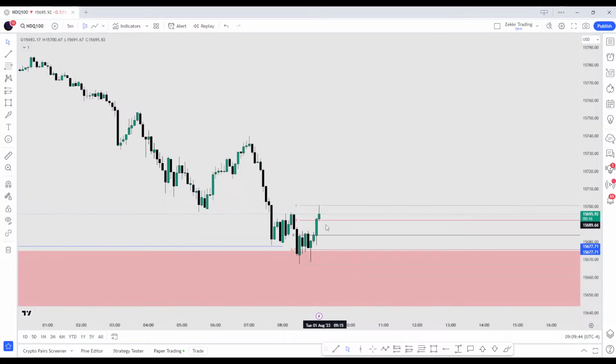Yeah, I want to see trade into the fair value gap, and then I'll see what we do, to be honest, because it all depends.